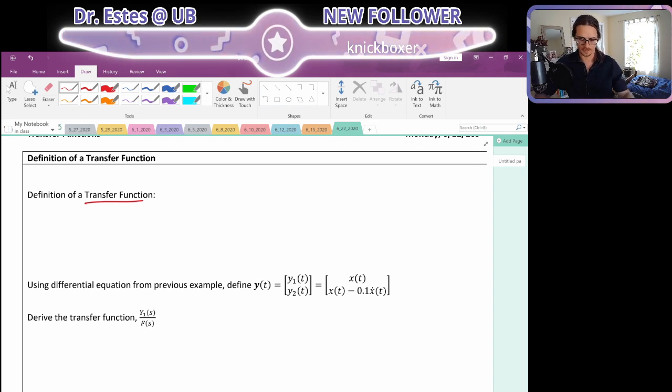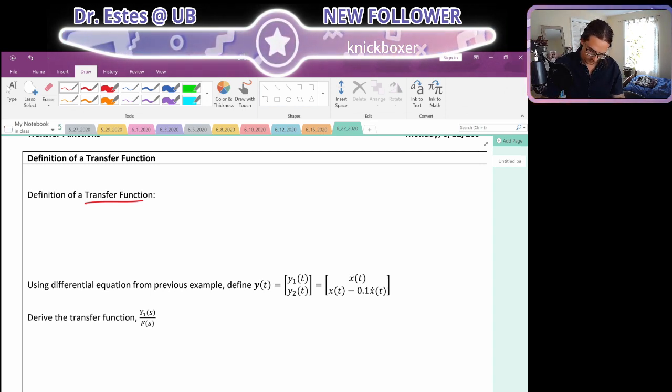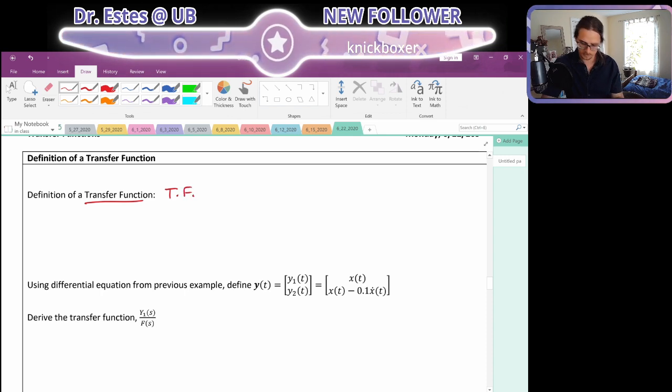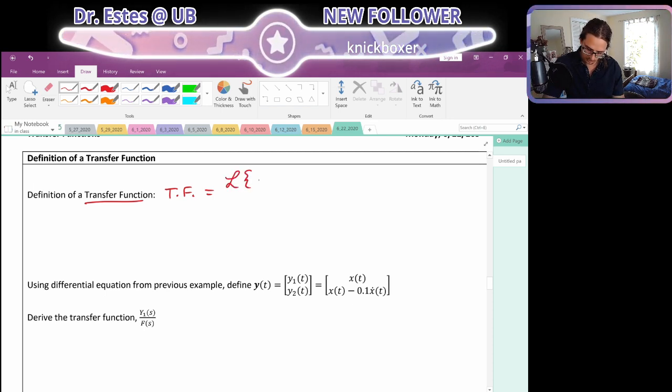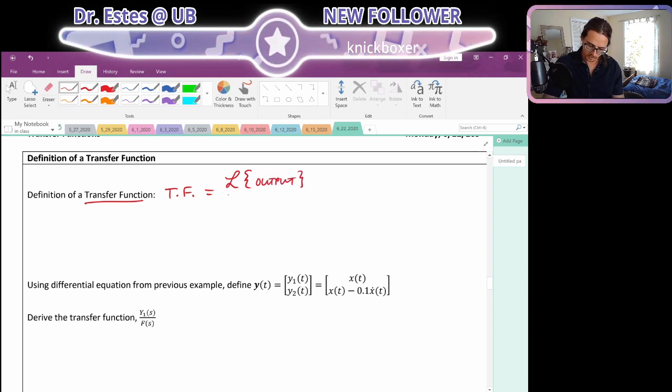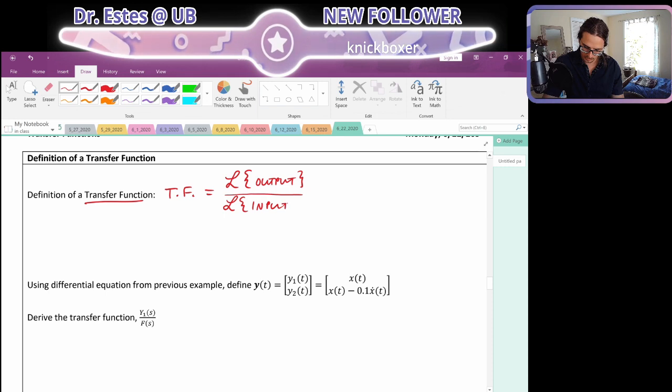Well, I'm going to give you the definition. I'll just call it TF, a transfer function. It equals the Laplace transform of your output divided by the Laplace transform of your input.